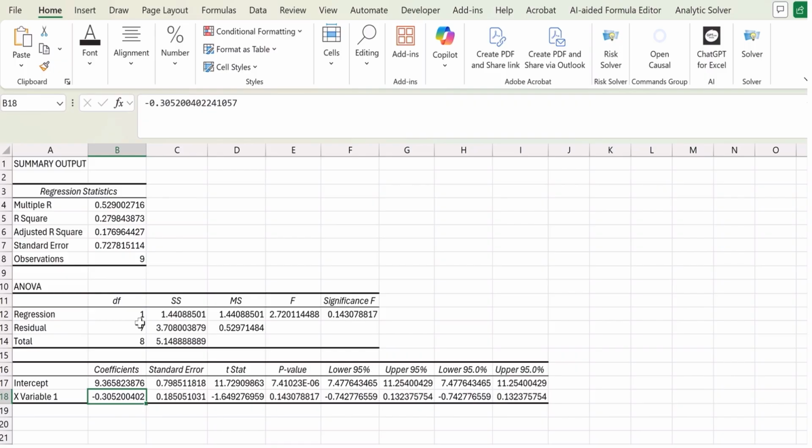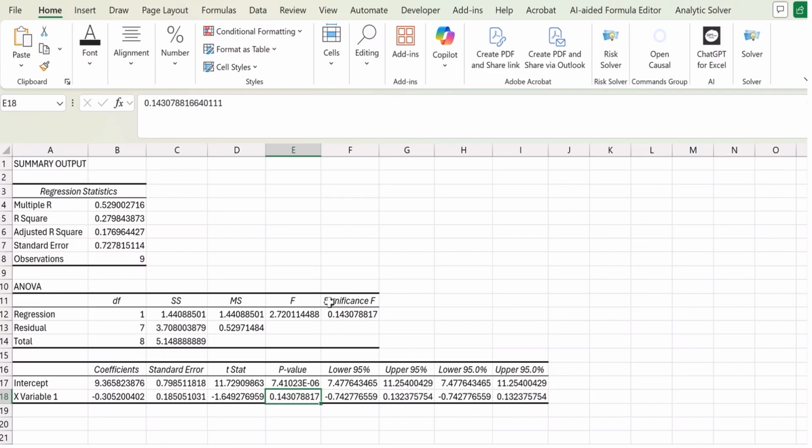However, the real question is, is this statistically significant? If we look at the p-value here, the p-value of approximately 0.143 means there's a 14.3% chance of seeing a slope as extreme as ours if the true slope was 0.